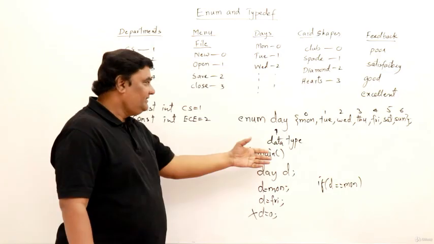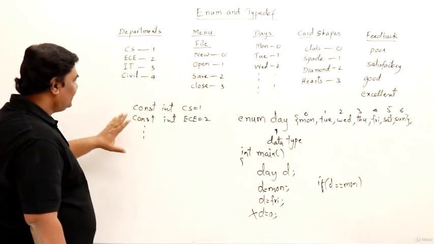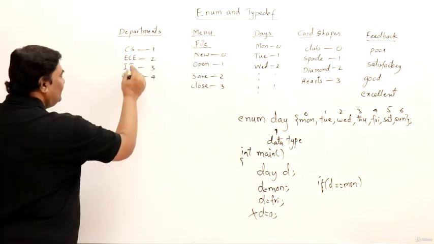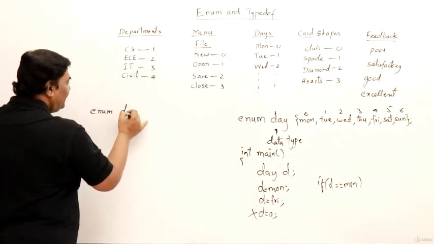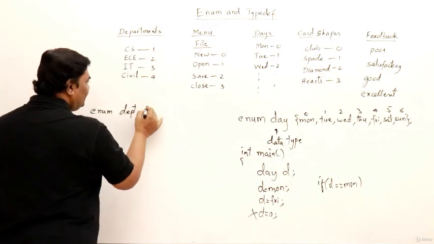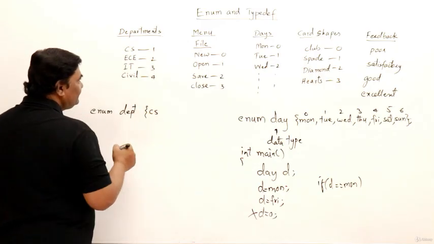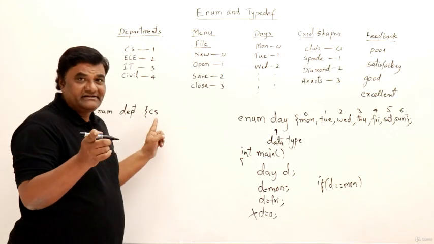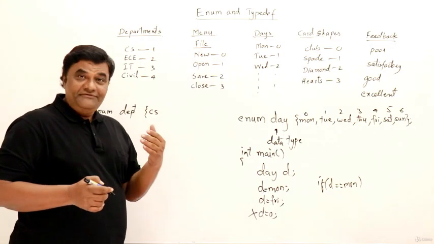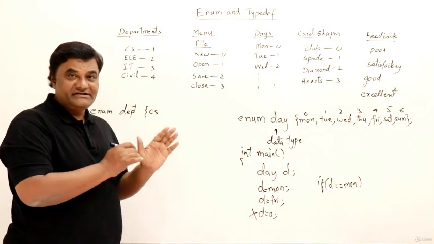Now let us define an enum for this one. For this one, I'll remove this and I will define an enum, and these are departments, DPT. Now the departments are CS, then EC. See, if I write CS, by default, as I said, it will start from 0. If you want to change it, you can change the number.